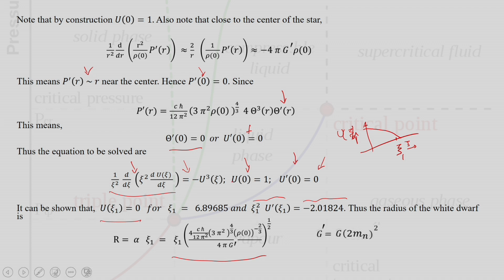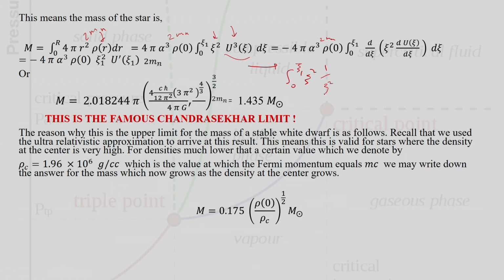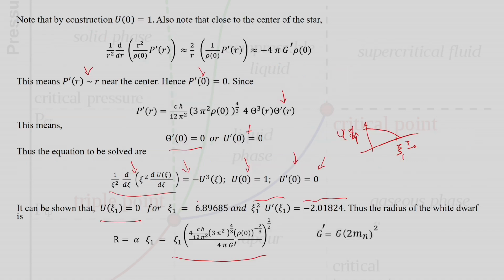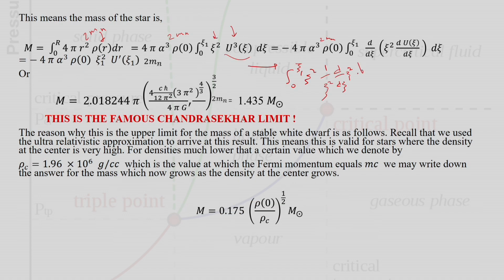So, it is 1 by xi squared d by d xi of xi squared du by d xi. So, this is what I have to do. Now xi squared cancels, and this is gone, this is gone.